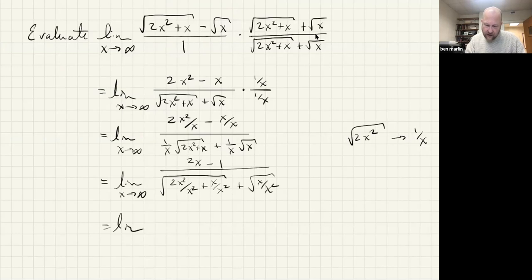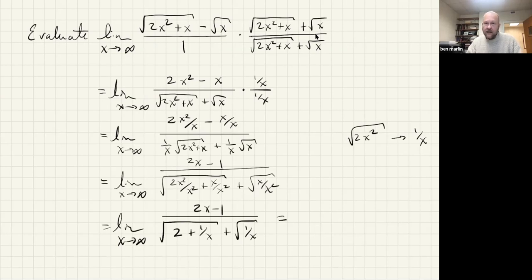And now limit x is going to infinity. And here we will end up with a 2 plus 1 over x plus a square root of 1 over x. And then up there in the numerator, it's 2x minus 1. So when you plug in the infinity, the 1 over x stuff turns into 0.